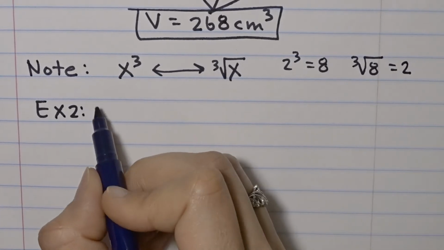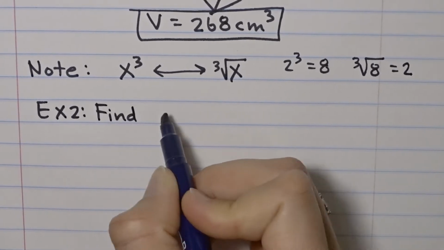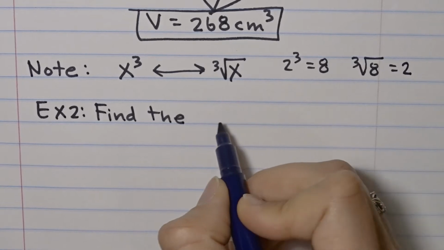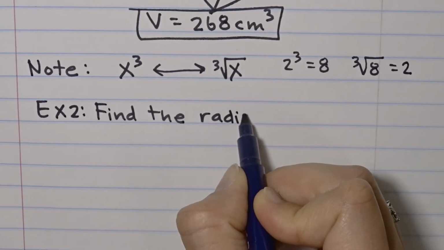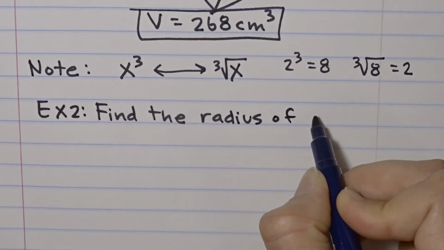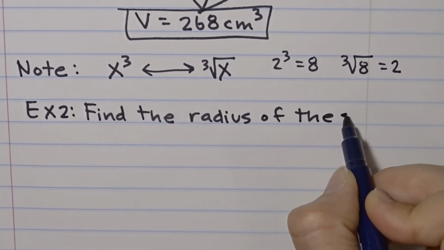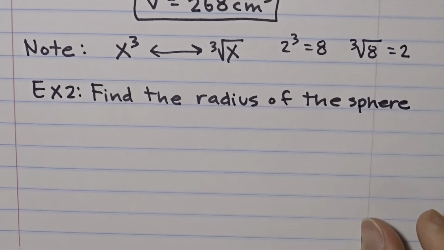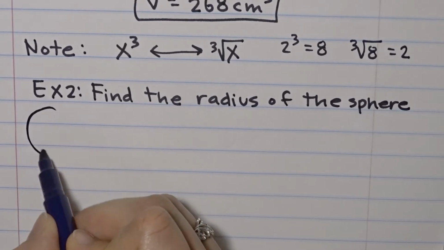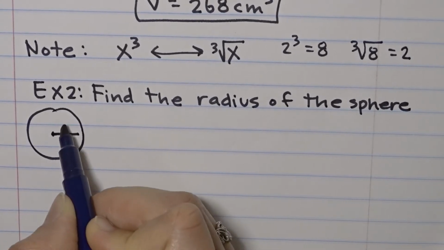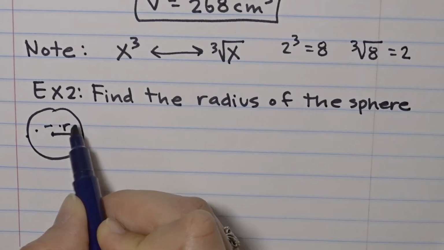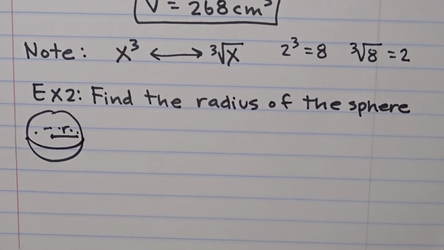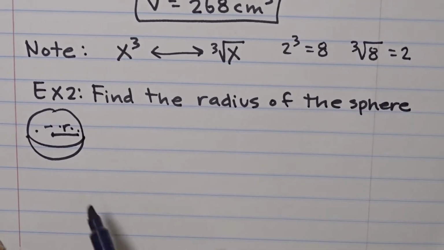And find the radius of the sphere. All right, and here's your sphere. We don't know what the radius is, okay, but we do know the volume.